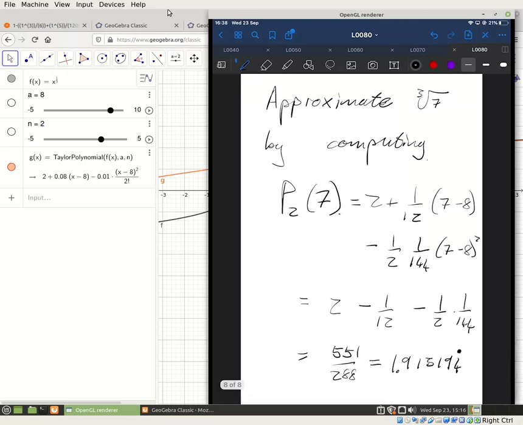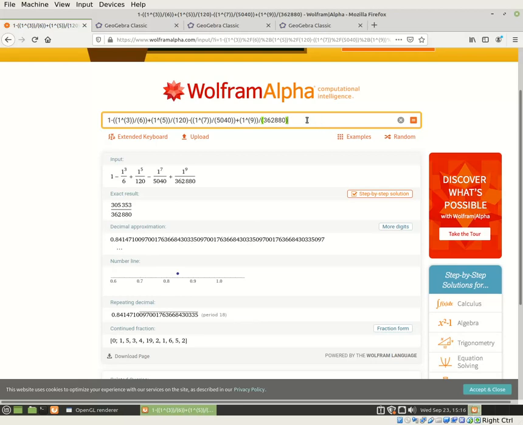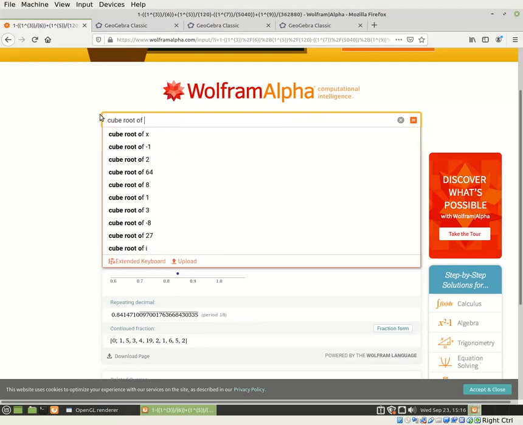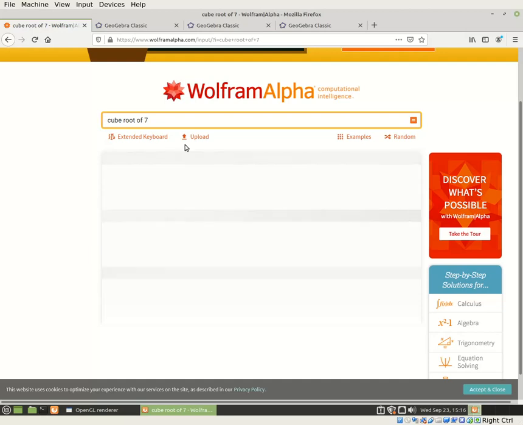Okay, and maybe let's go to Wolfram Alpha. Let us work out the cube root of 7 and get a better approximation and compare it with what we got. Taking a while.